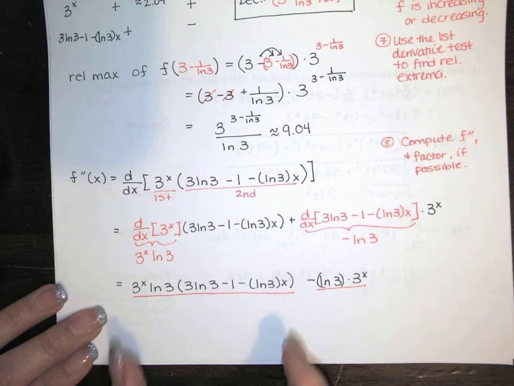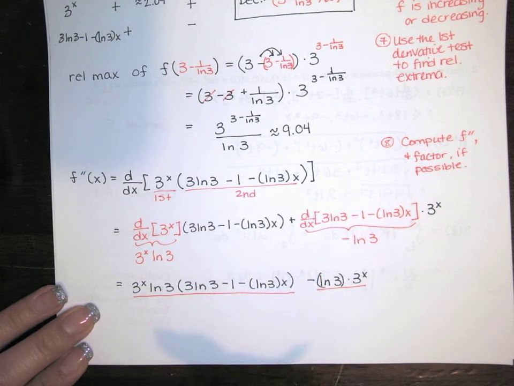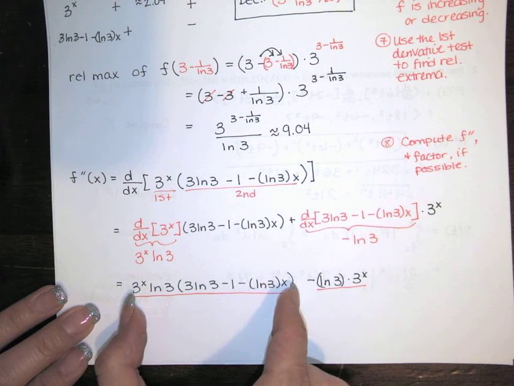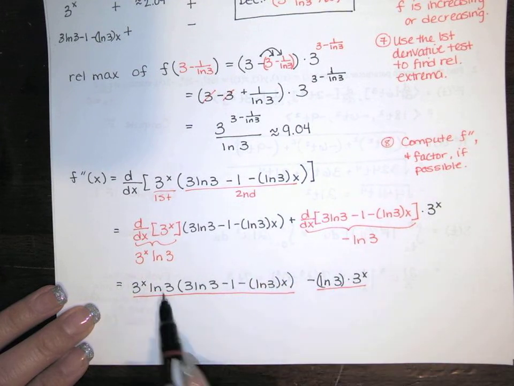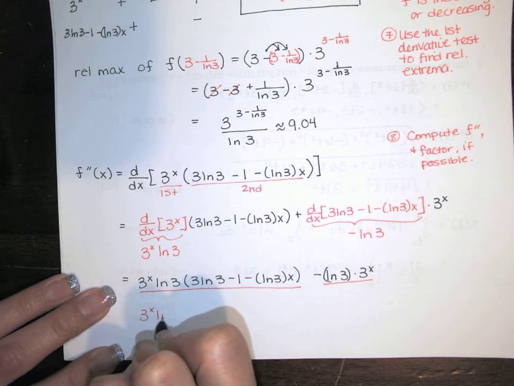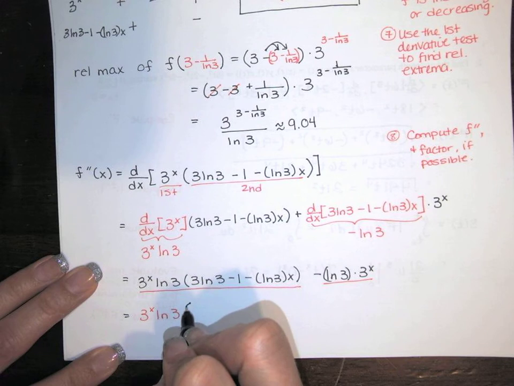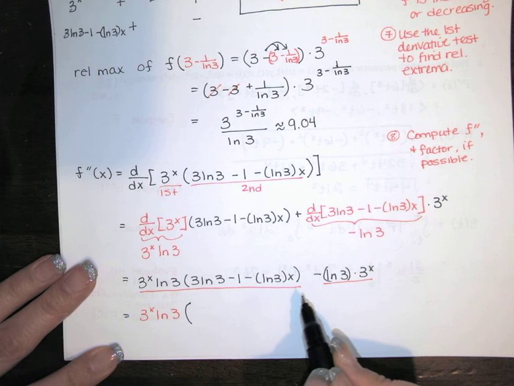And the way you want to do it is you want to think of this group and this group as separate terms. And you say to yourself, okay, what do these two groups have in common? Well, I see they both have a natural log of 3, and they both have a 3 to the x. So I can factor that out from everything. And then I ask myself, 3 to the x times natural log of 3 times what gives me the first term?